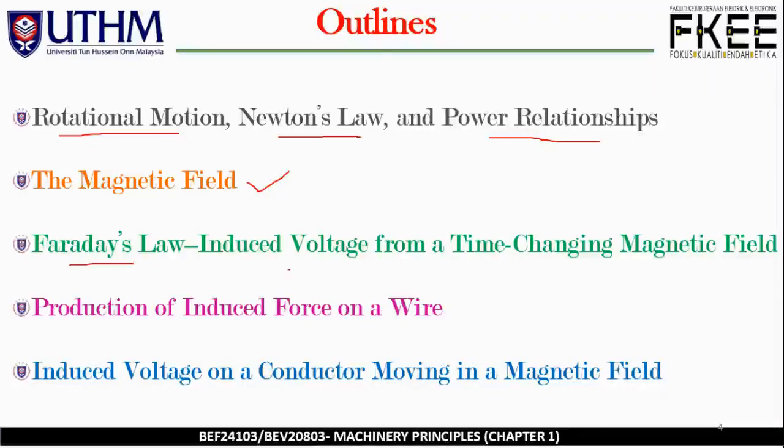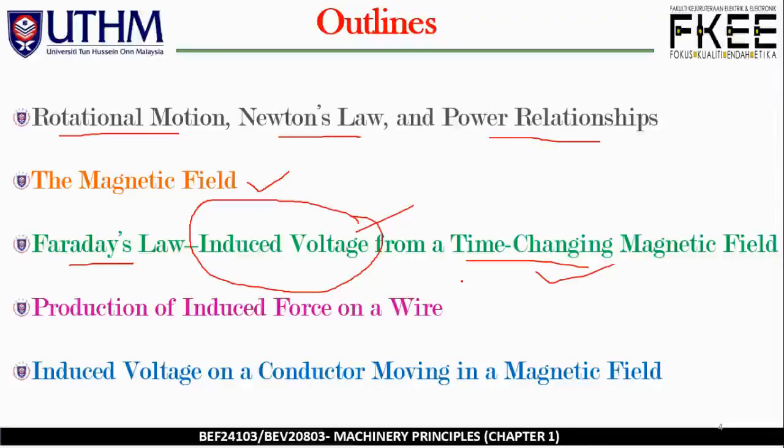From here we may see the induced voltage from a time-changing magnetic field. So what happens if we have a magnetic field that is changing with respect to time? Voltage is induced out of there.